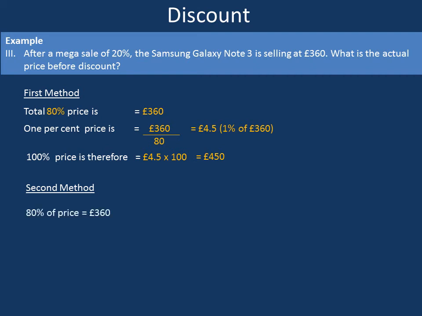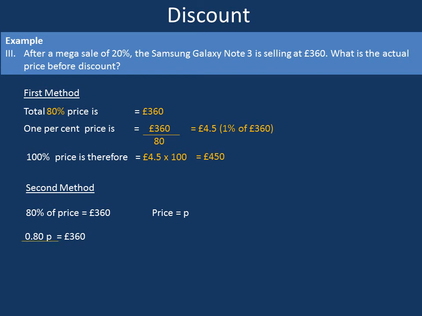Now let's look at the second method of it. Now 80% of the price is equal to 360. If you replace price by P, then it will look something like that. I presume that you know how we come to this equation, and you know that when you write it in decimal, 80% is 0.80.